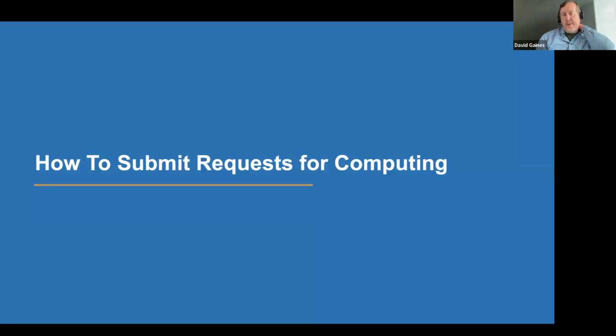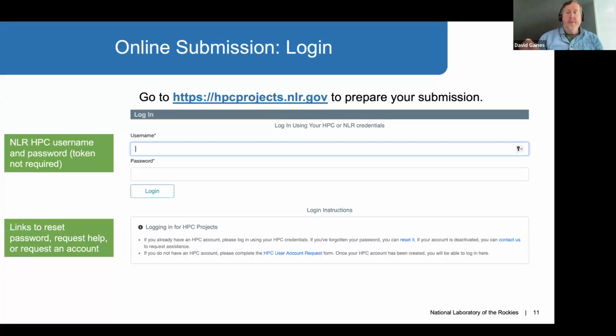So, how to submit requests for computing. The first thing is to log on. The link is hpcprojects.nlr.gov to prepare your submission. You'll log on using an NLR HPC username and password. There's no token required. HPC projects at nlr.gov should be visible to both internal and external users.